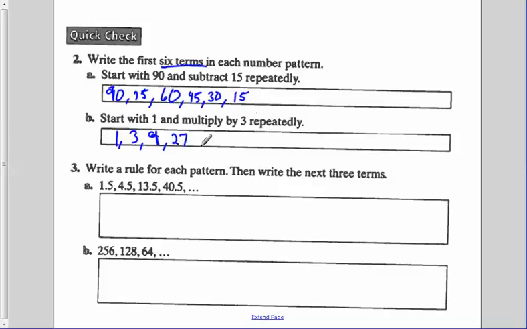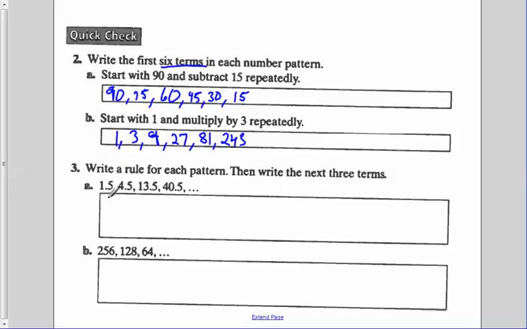And then I multiply by 3. So 27 times 3, and I get 81. So I've got 1, 2, 3, 4, 5, and I do this one more time. 81 times 3, and I get 243. So our first 6 terms, following the rule, start with 1, multiply by 3, would be 1, 3, 9, 27, 81, 243.